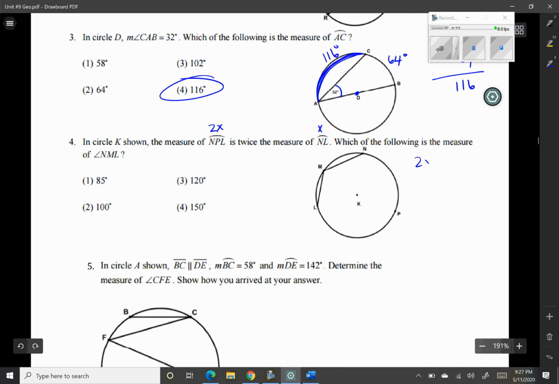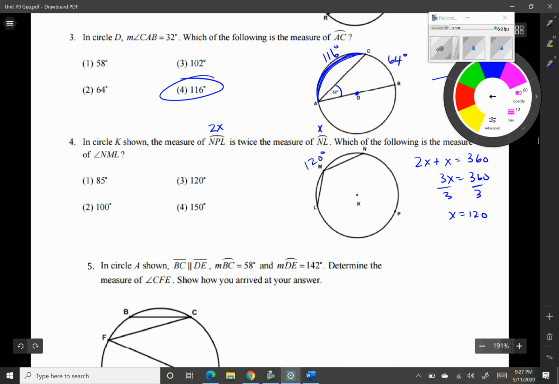So I can say 2x plus x equals 360, or 3x equals 360, divide by 3, x equals 120. Meaning arc NL is 120, and arc NPL, this huge arc over here, is going to be 240 degrees.